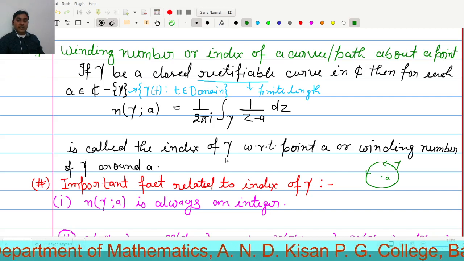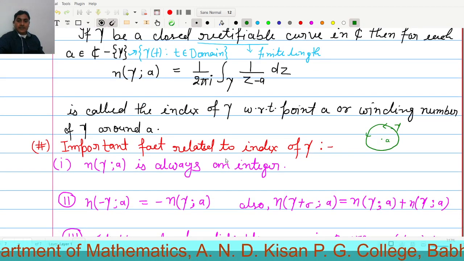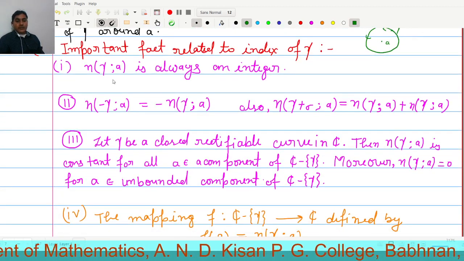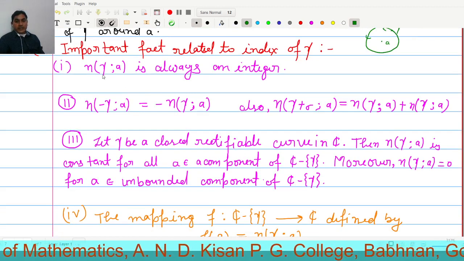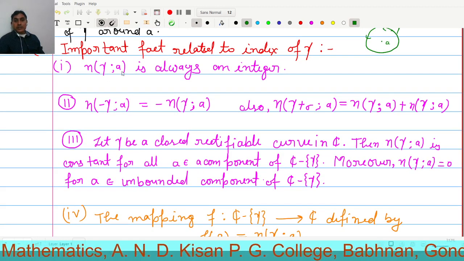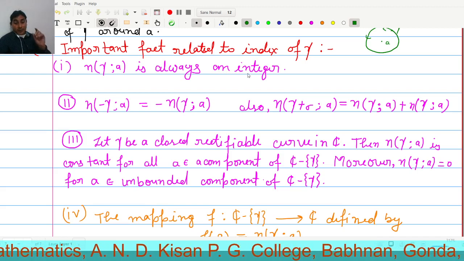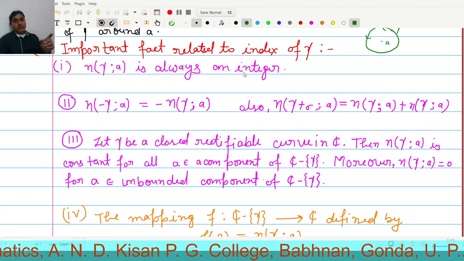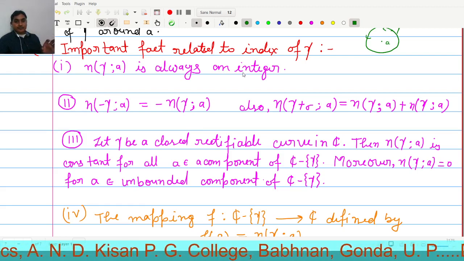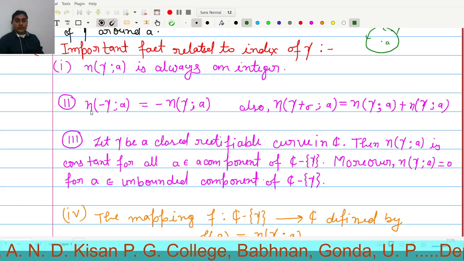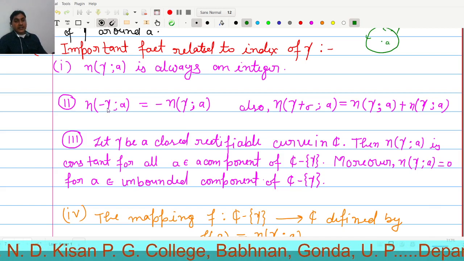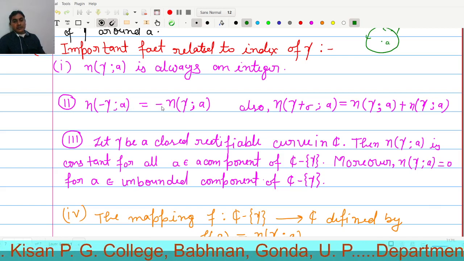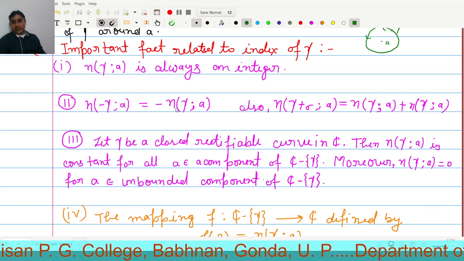So, this particular thing has significant features, and here are a few facts related to the winding number. First one is that the winding number of gamma about a is always an integer. This is an important and crucial point. And the winding number of the negative of a curve is the negative of the winding number of gamma.